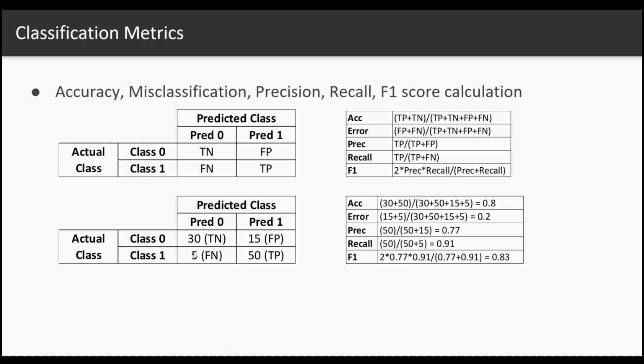Out of the 55 points, 50 are found correctly. So 50 divided by 55 gives you 0.91. F1 is 2 times precision times recall divided by 0.77 plus 0.91. That gives you a 0.83 F1 score.